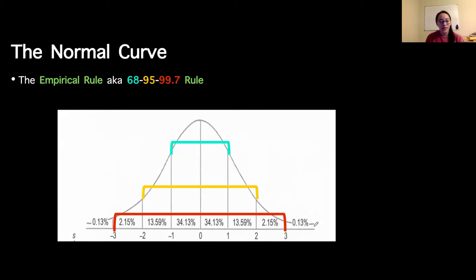So in terms of the empirical rule, it's important for us because 95%, some of you might have heard of, we have an alpha level of 0.05 or we have 95% level of confidence. That's where that 95 comes from. Because typically we accept results on the basis that if we're comparing samples to each other, one sample mean within another sample mean that's no further than plus or minus 2 standard deviations from each other would be considered from the same sample.